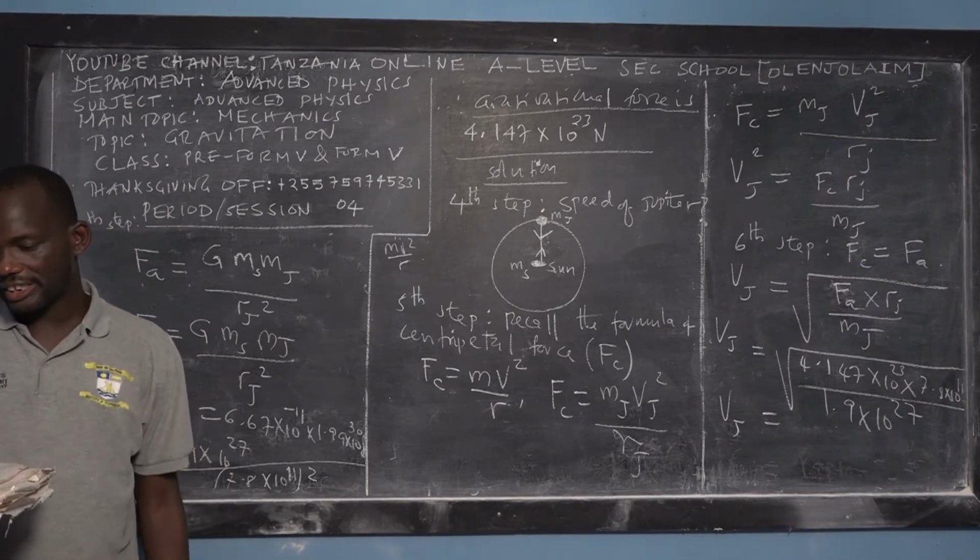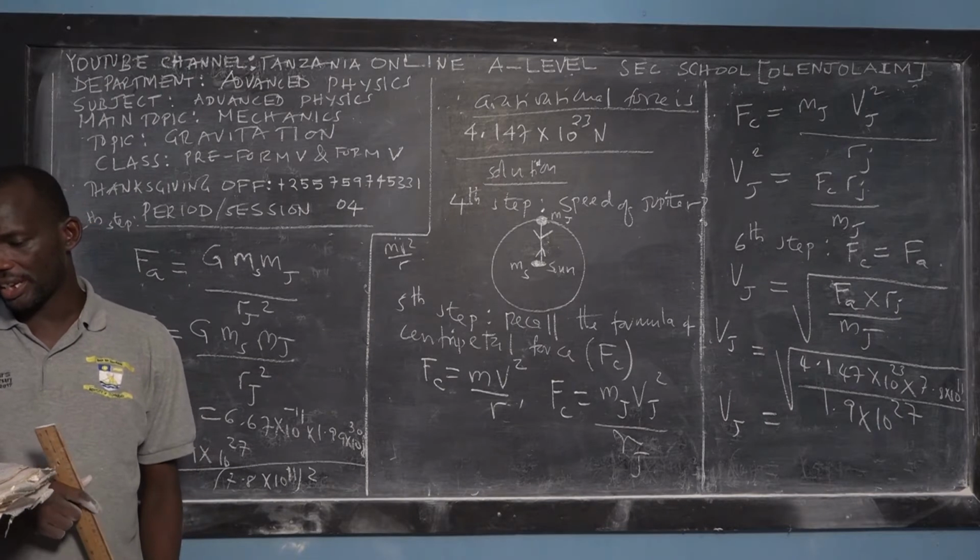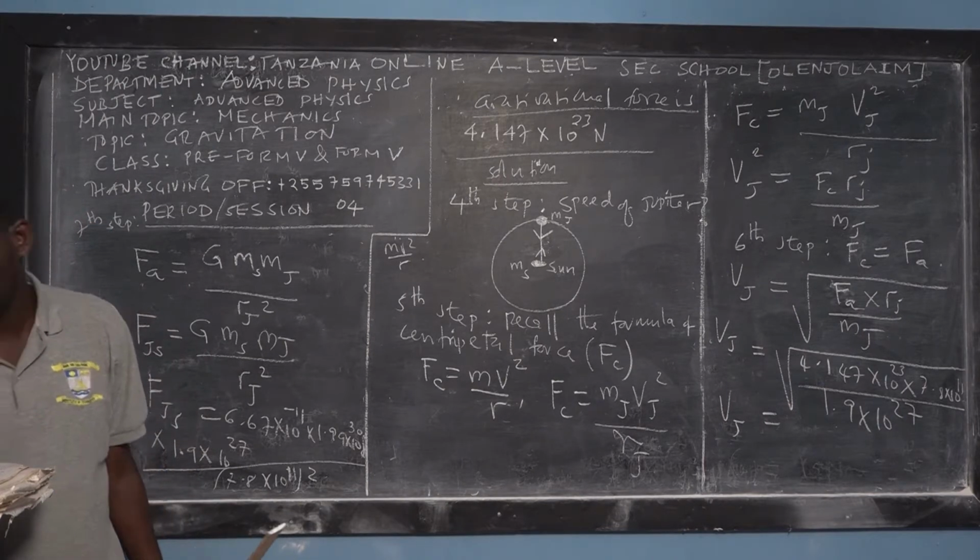So if you find it clearly without committing any error, it is 1.3 exponent 4 meters per second.